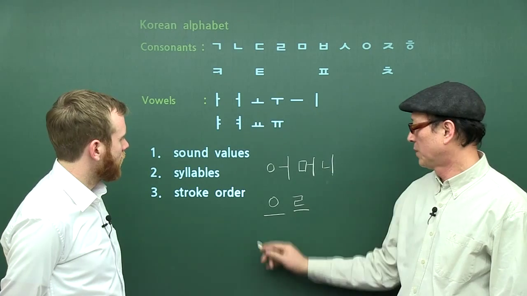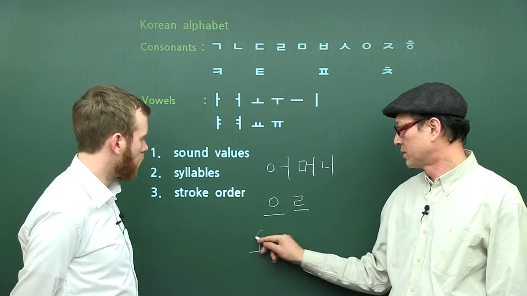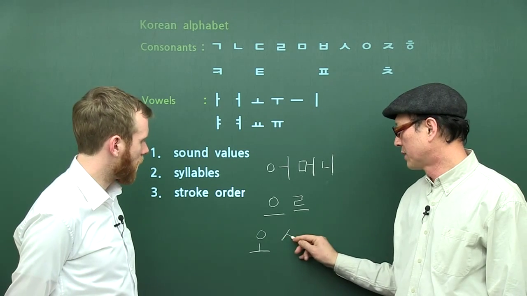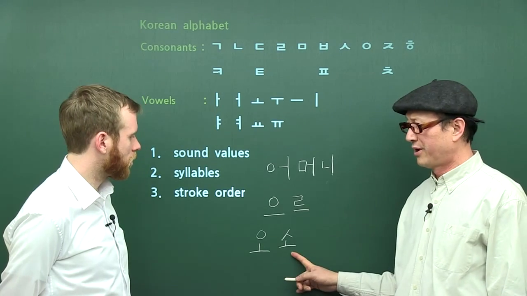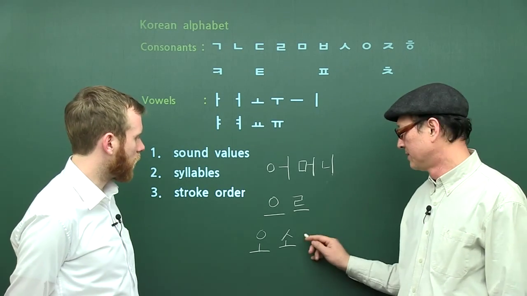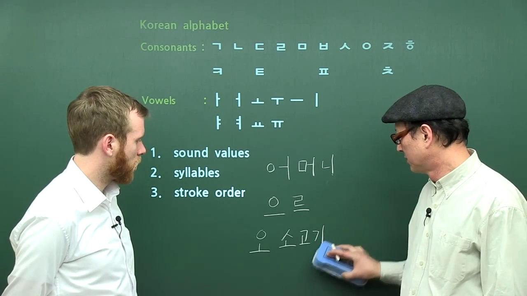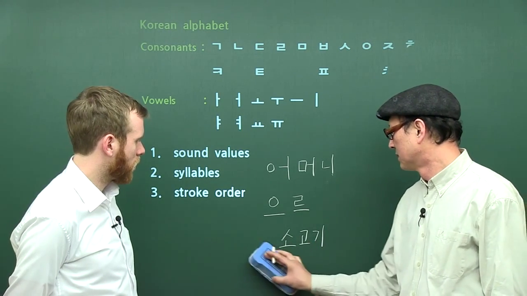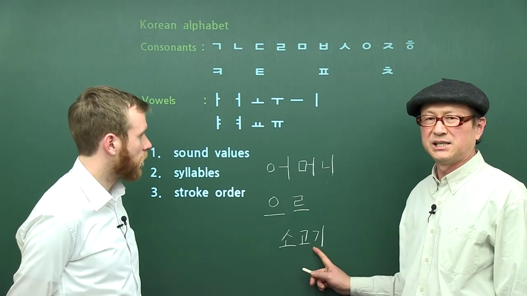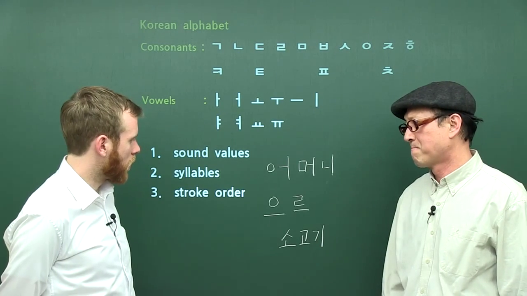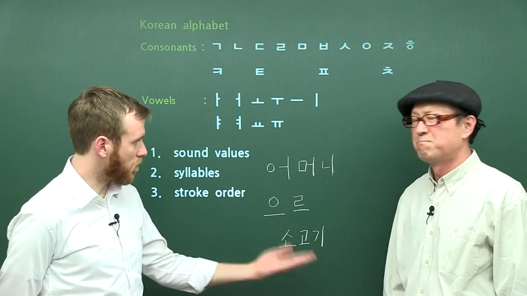Then this one is 오. So 오. And if we do this, 소. What is 소? Cow. Cow in Korean, 소. Then 소고기. So just like 소 by itself is cow, 고기 means meat.